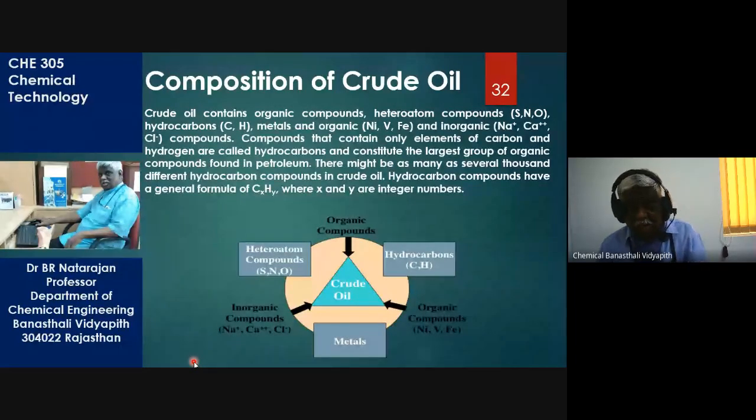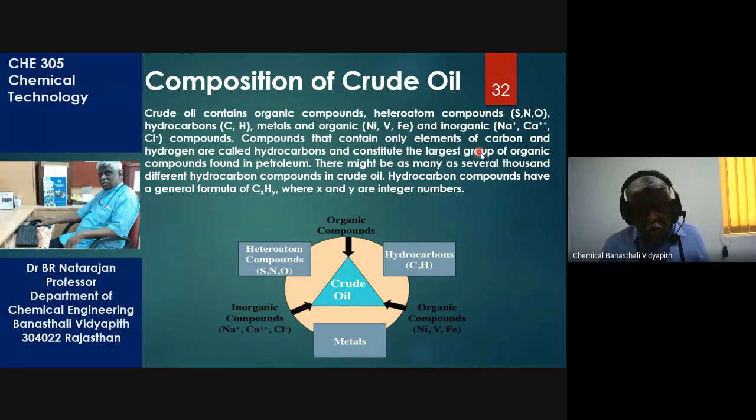Composition of crude oil. Now time has come to look at the composition of crude oil. We know it contains hydrocarbon, carbon, hydrogen, and also sulfur, nitrogen, oxygen in combination with the hydrocarbon, metals like nickel, vanadium, iron, and inorganic sodium, calcium, chlorine.